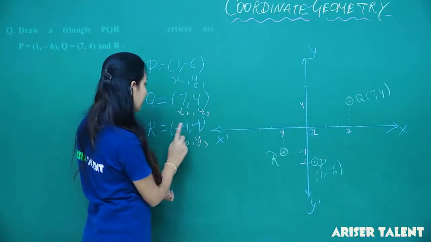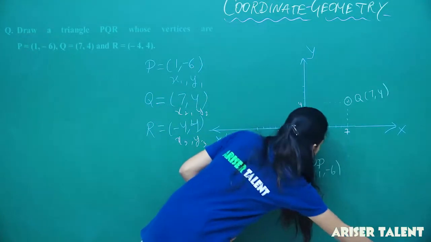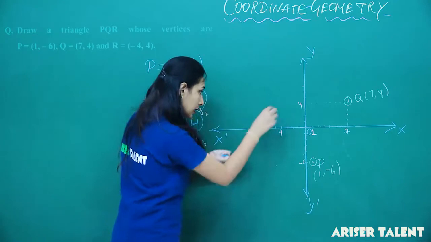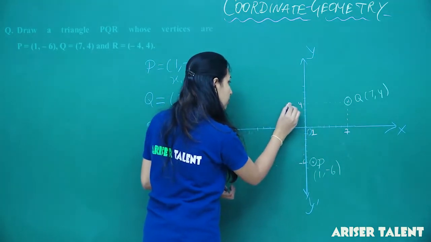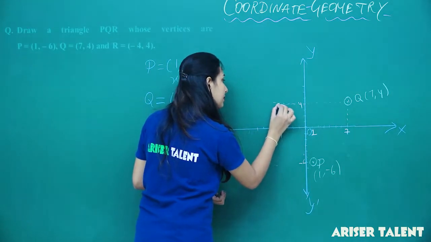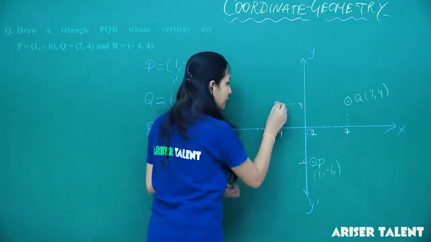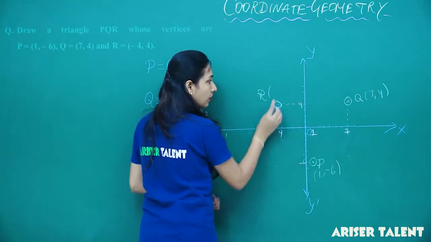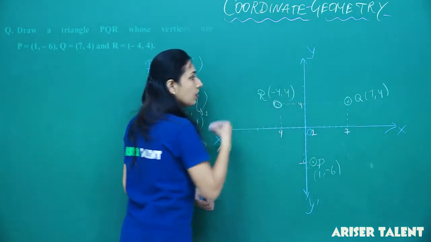You have to say minus 4 and 4. This 4 is positive, so positive 4 will go up here. So that is R, which is minus 4 comma 4.